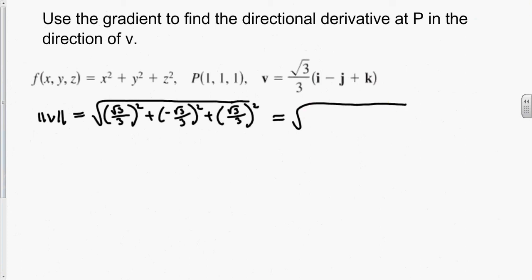So here we get 3 over 9 plus 3 over 9 plus 3 over 9. That gives us 1.